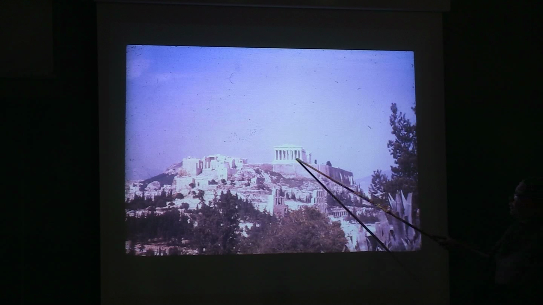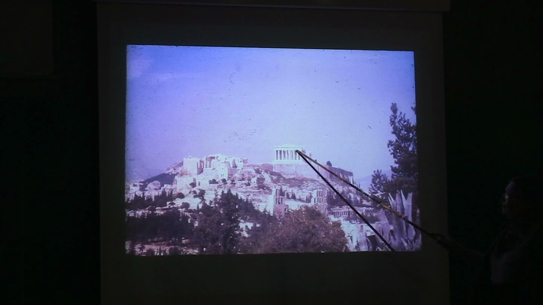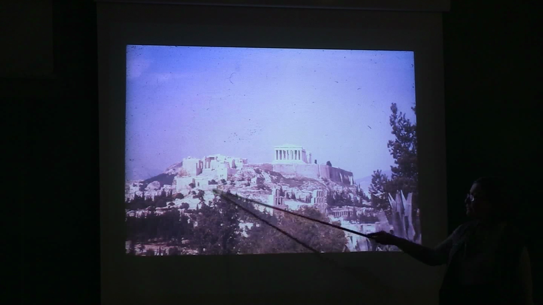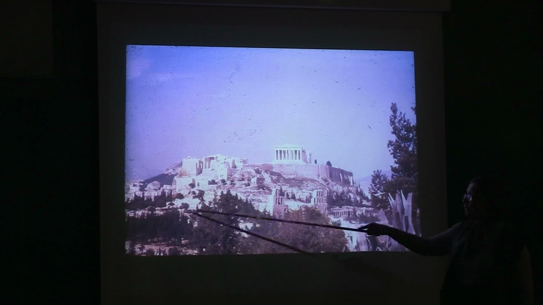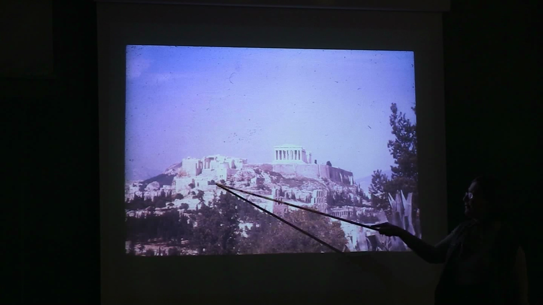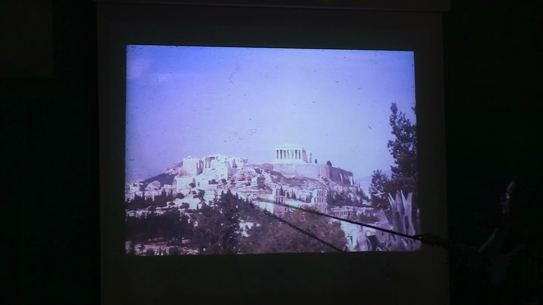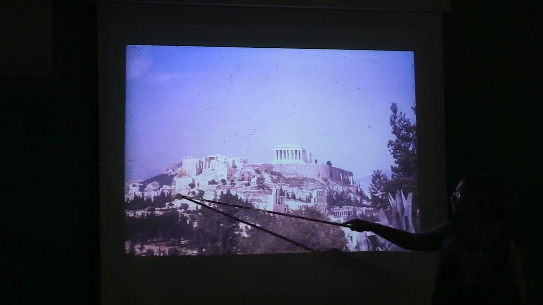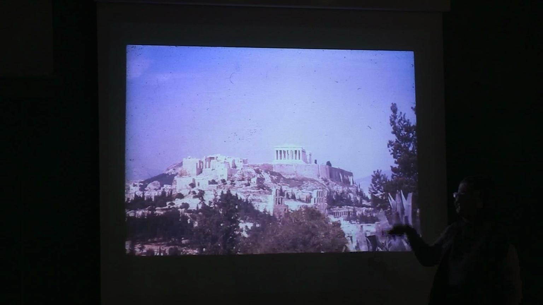And then the columns and the Parthenon disappear from view as you approach. You are brought to the outskirts of the Acropolis hill, and then you climb the Acropolis through a calculated entrance which ends in the propylaea.